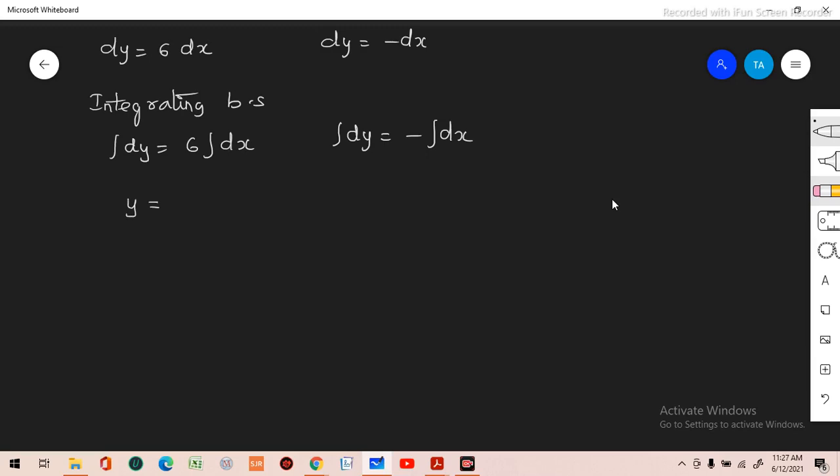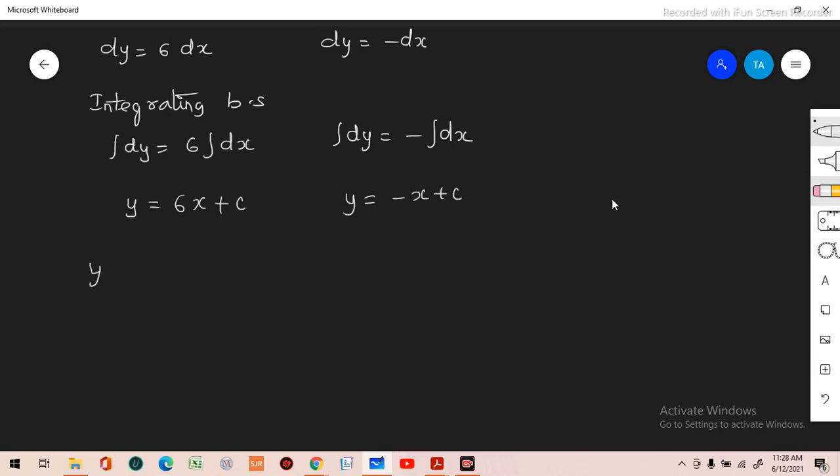We have to solve for y only, so I got y by integrating both sides. 6 is constant, integration of 1 with respect to x is x, so 6x plus c, where c is a constant. How about the other one? Here also I'll get y is equal to minus x plus c. We have got the solutions in terms of y, is it not?